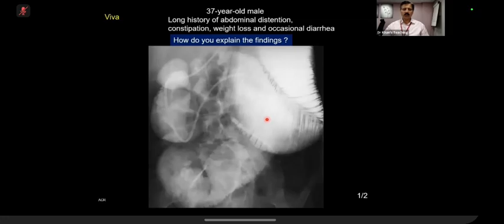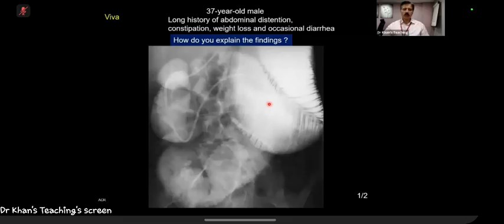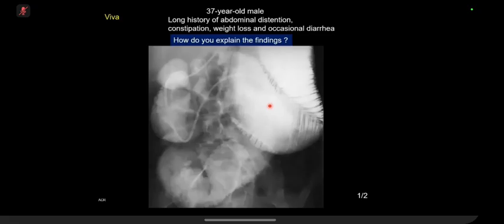Please remember, if there is dilatation, there normally will also be increased distance between the folds. But this is a unique one where there is dilatation, but there is crowding of folds because of the concept which I have told you. So this film you have to remember. Second thing is that because of fibrosis, there can be outpouching of the bowel walls, and these outpouchings are more clearly seen at times in large bowel also.